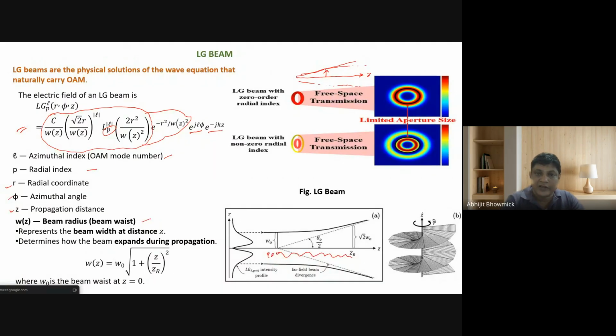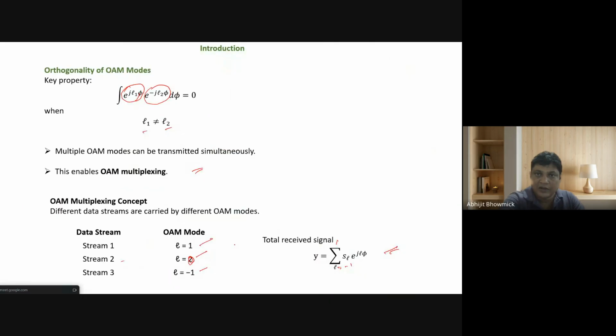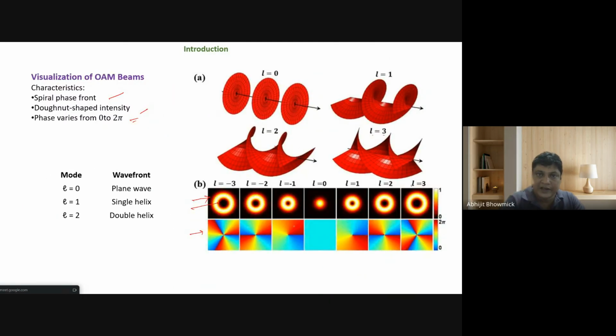If you look at this figure, it shows the distribution of the intensity. At the center, the intensity is 0.